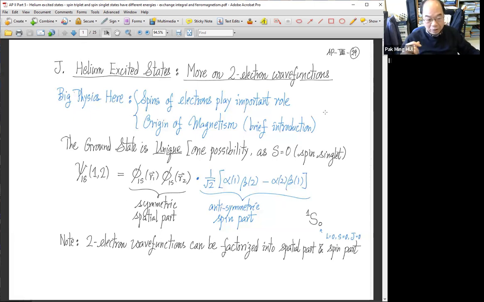The first page is just to recap what we did in the last 20 minutes. This is the ground state. It is unique. It is a spin singlet, S equals 0. Just to remind you, the term symbol of the ground state is a 1s state.